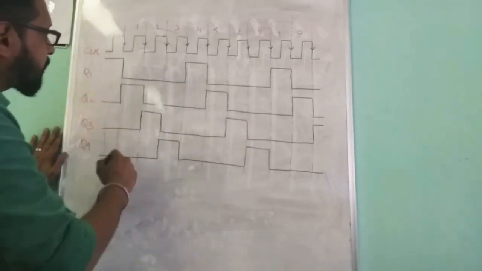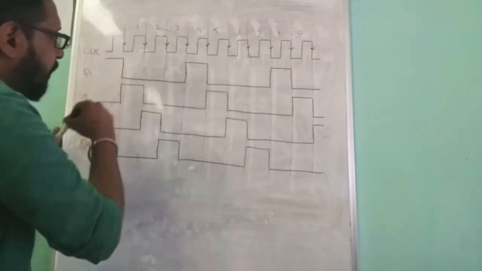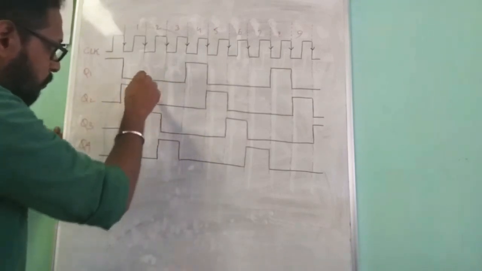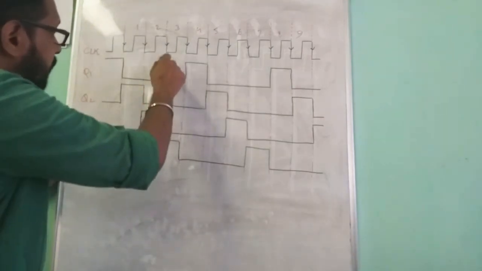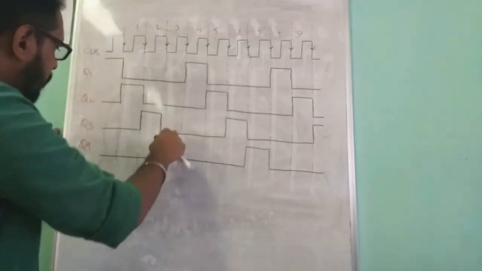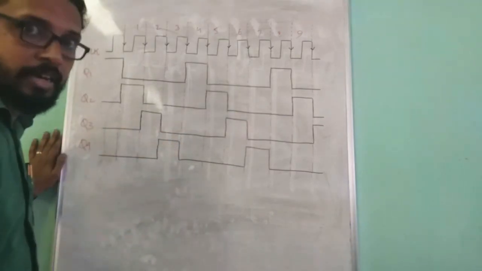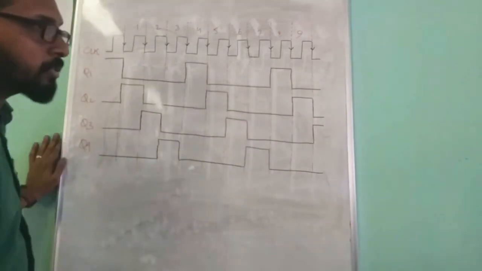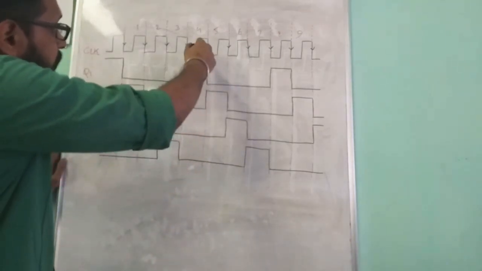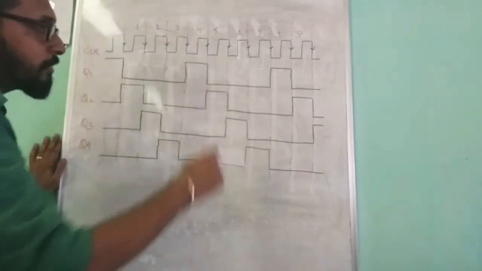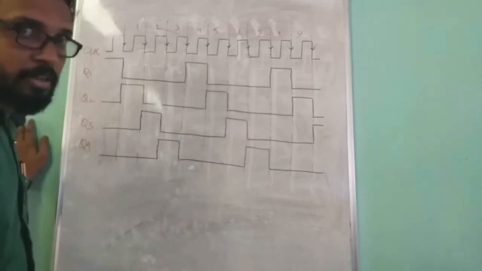In the case of the second one, Q3 alone is high, the rest of the values are 0. In the third case, only Q4 holds the high value, the rest of the values will be 0. And in the next clock pulse, the repetition happens.